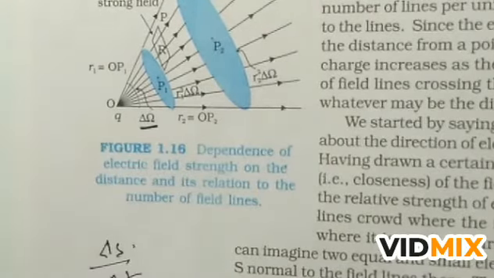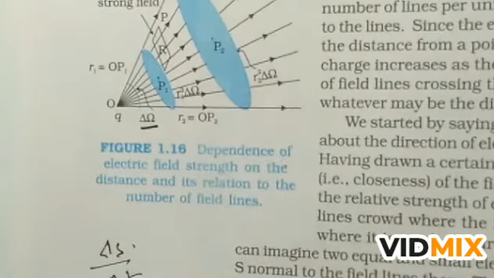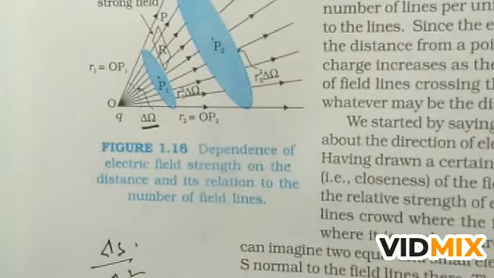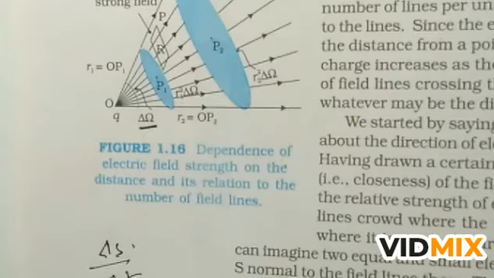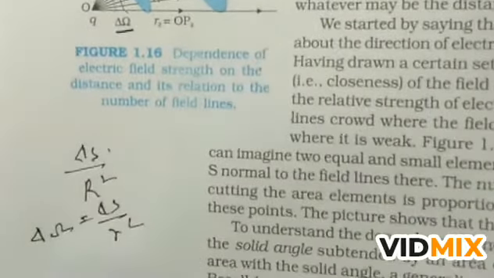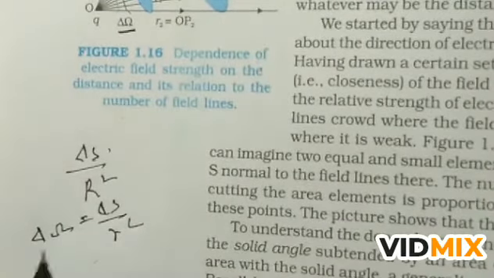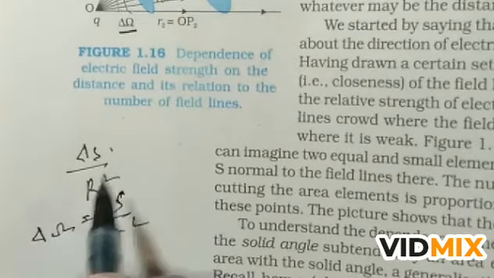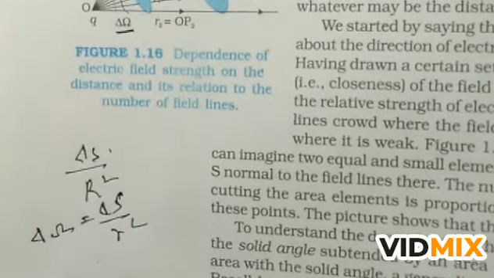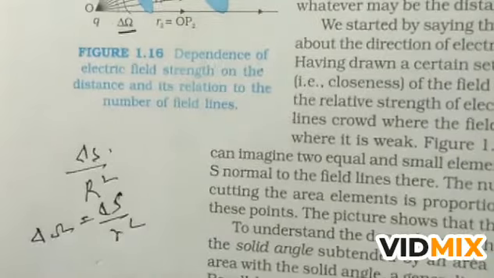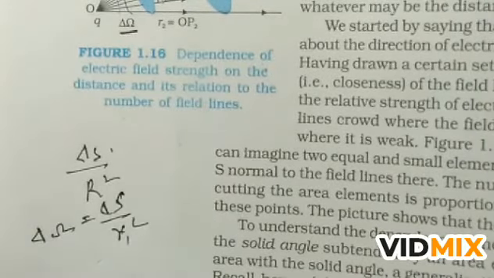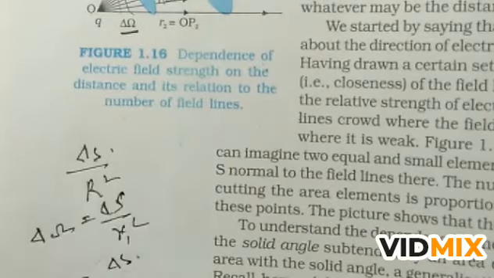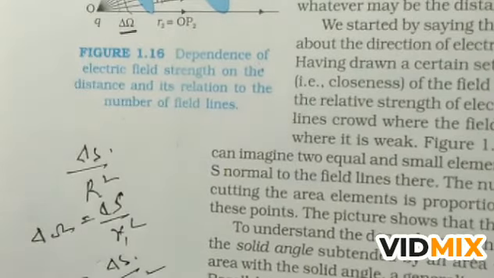Delta omega is the solid angle and it is equal to delta S by R square. This is the solid angle made by P1 at distance R1, and delta omega is equal to delta S by R2 square for P2.